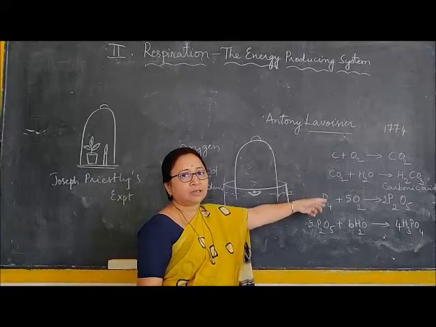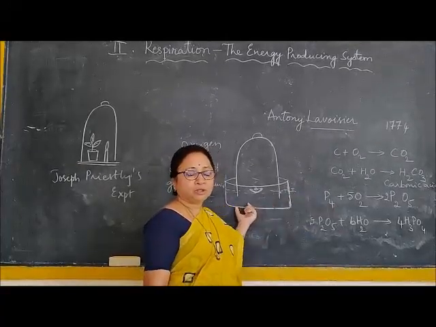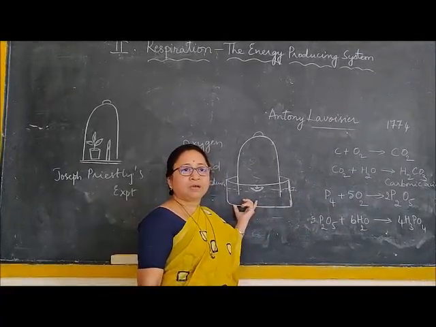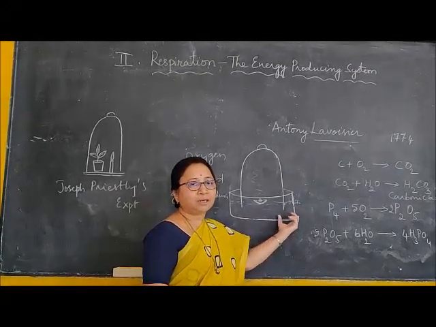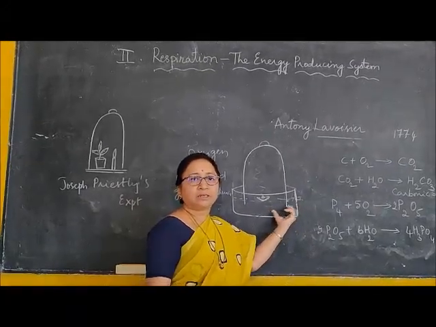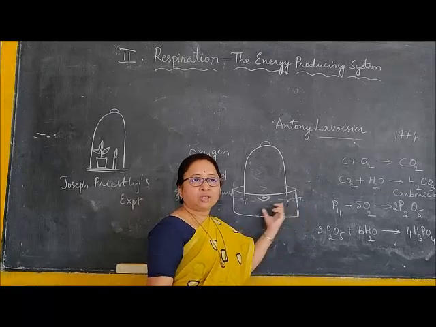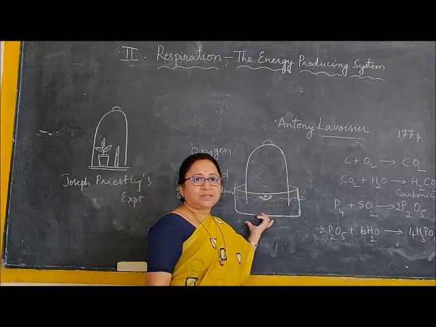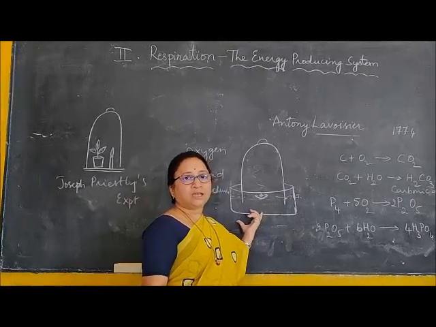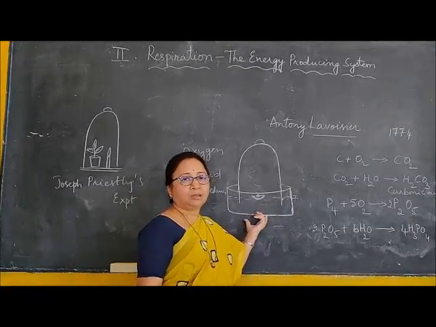So the gas which is evolved after respiration, after breathing, is nothing but fixed air or chalky acid gas. The amount of chalky acid gas in vitiated air is more.